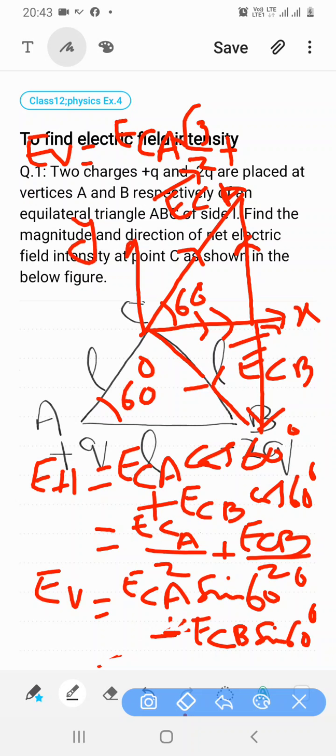So, minus ECB into root 3 by 2. So EV is equal to ECA root 3 by 2 minus ECB root 3 by 2. So please note down.